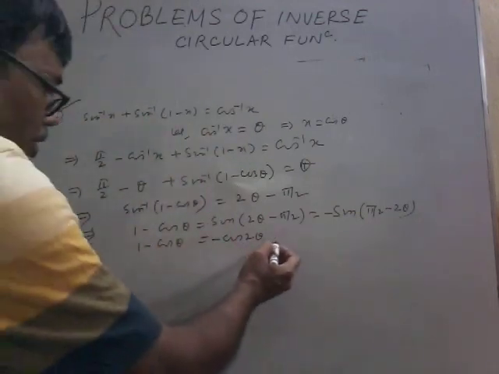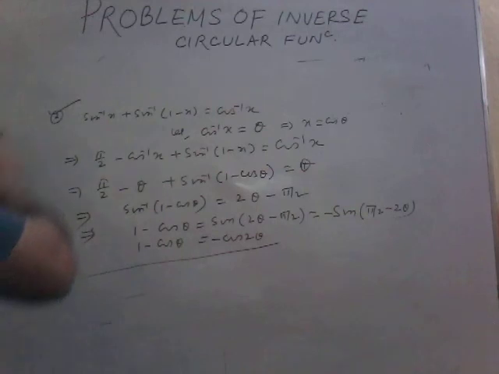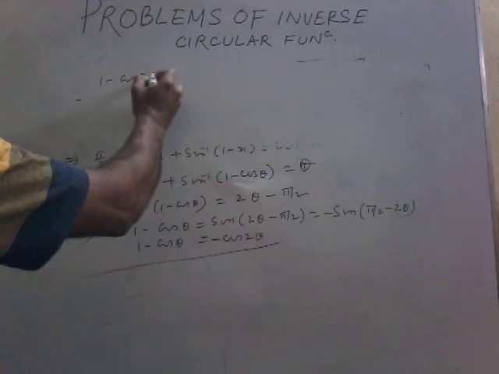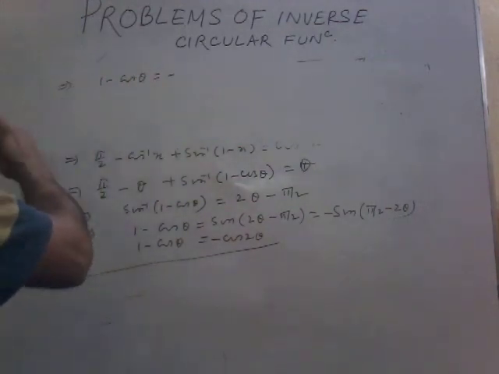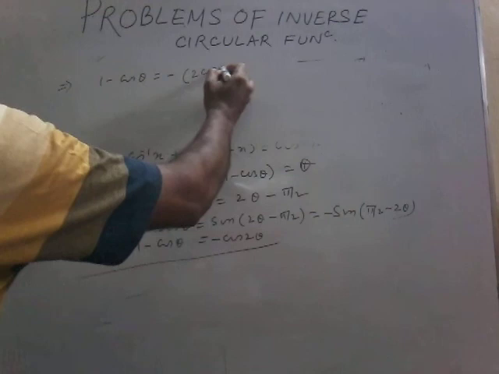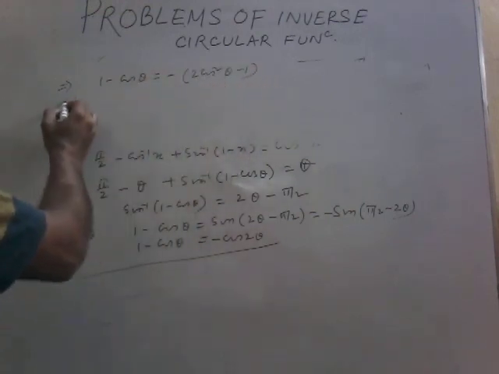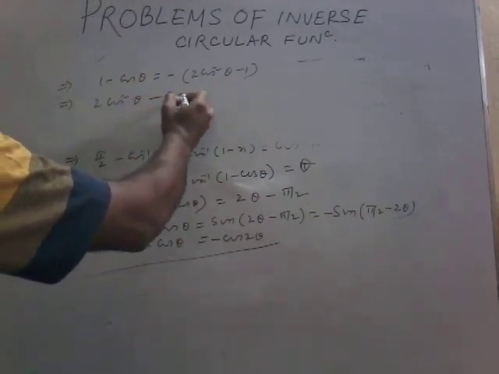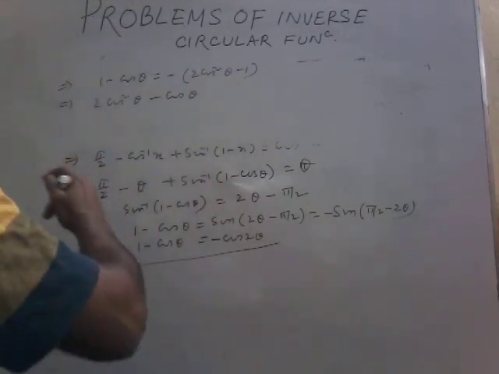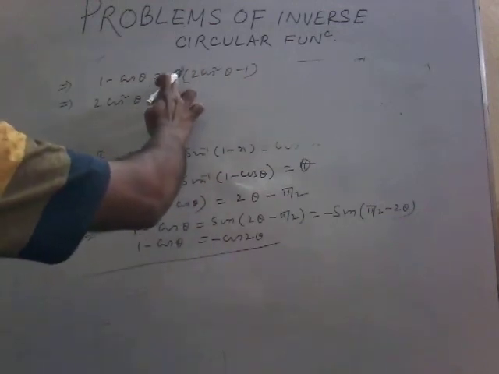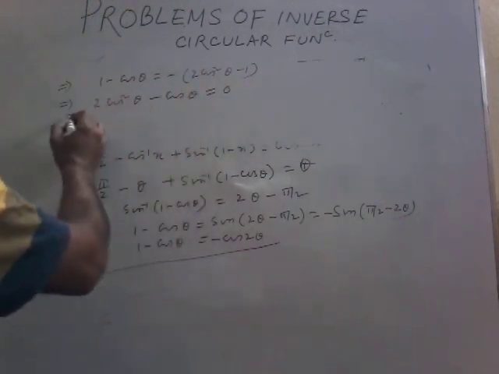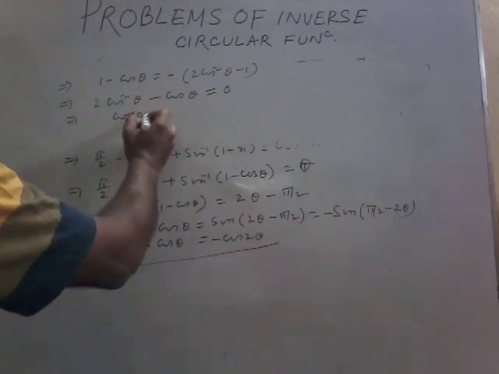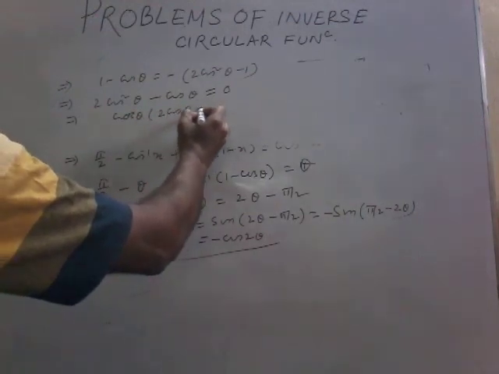So try to use the same trigonometric ratio. So 1 minus cos theta equals minus, as it is, cos 2 theta is 2 cos square theta minus 1. Transfer all terms to the left hand side. So 2 cos square theta, so 1 cancels, 0. So 2 cos theta common, 2 cos theta minus 1.